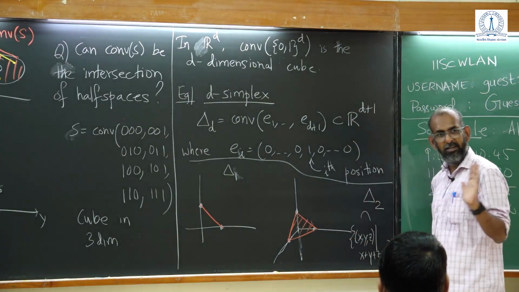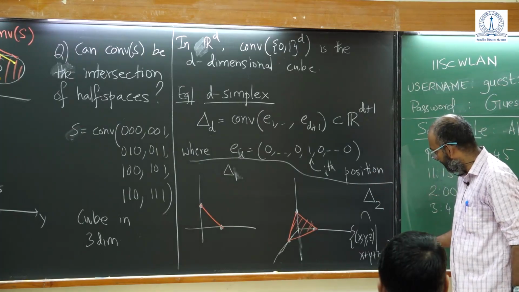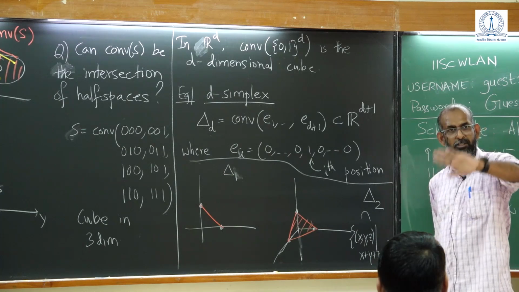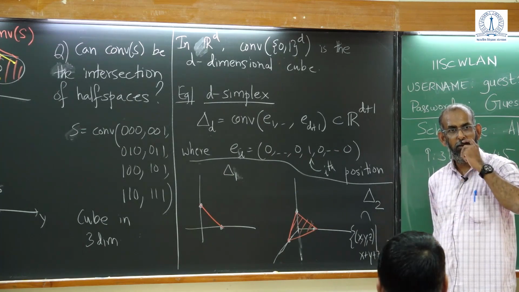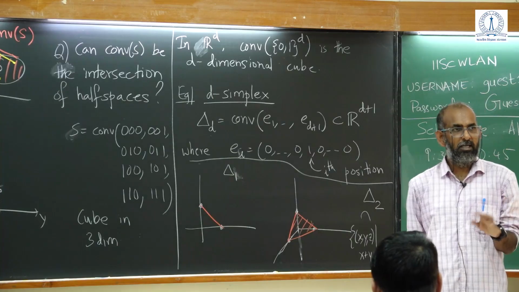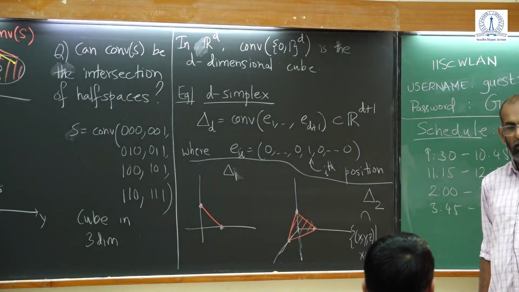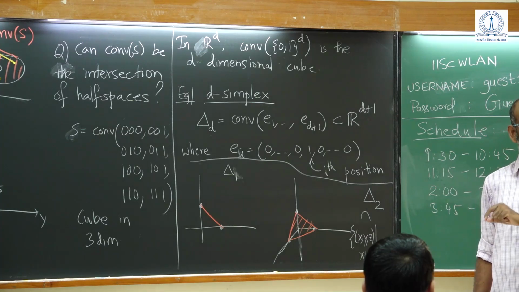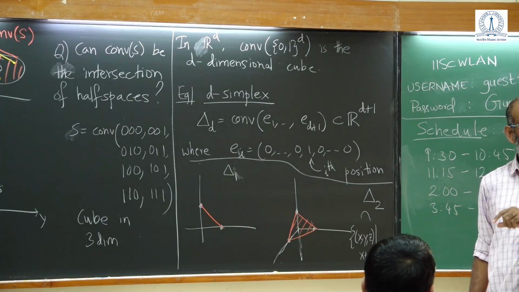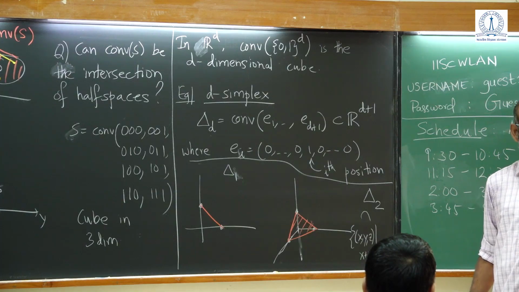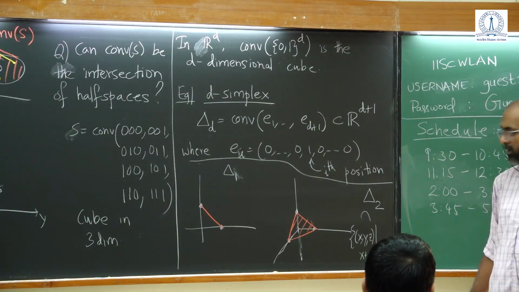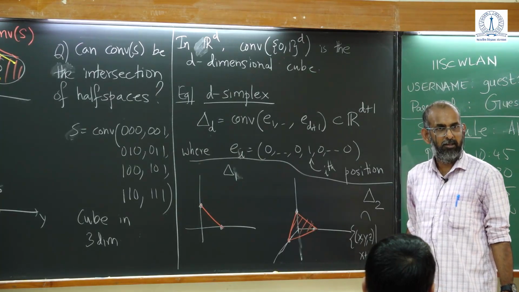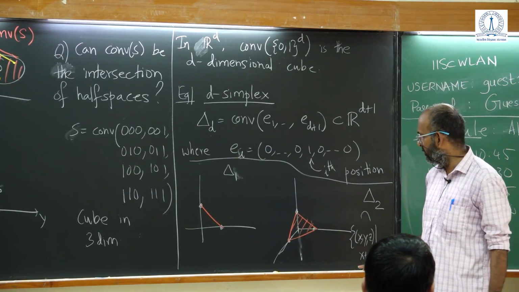Now if I translate that to the origin by changing 1 to 0, then I get a 2-dimensional space, right? Because x plus y plus z equals 0 means you have only 2 free parameters. For every x and y, I know z. So this is a subspace, and for a subspace we know what the dimension is. You can give two independent vectors that span this space. So this has dimension 2.